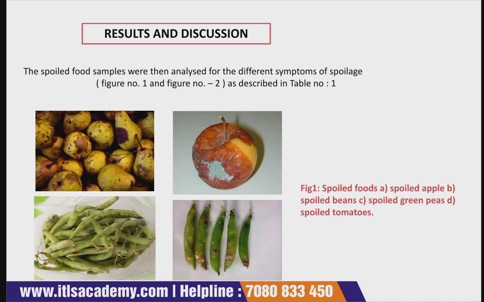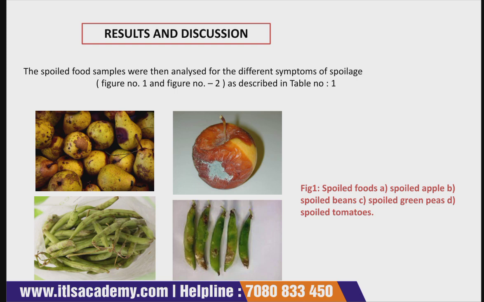The spoiled food samples were then analyzed for different symptoms of spoilage, as in figure 1 and figure 2. If you see figure 1, all the vegetables are spoiled.